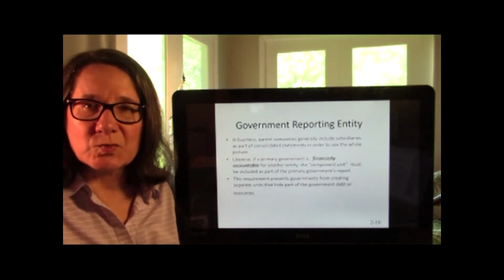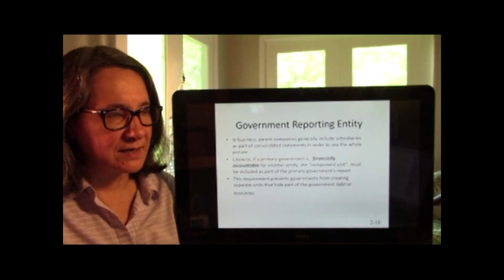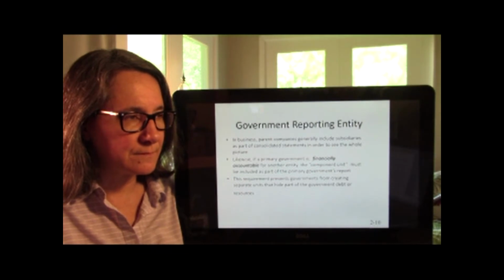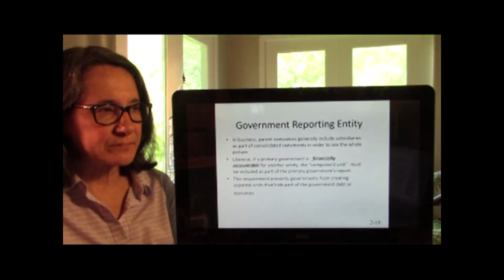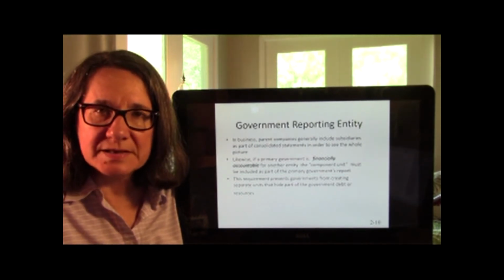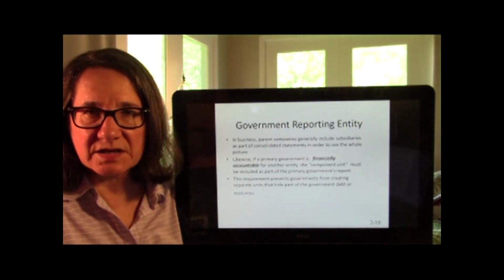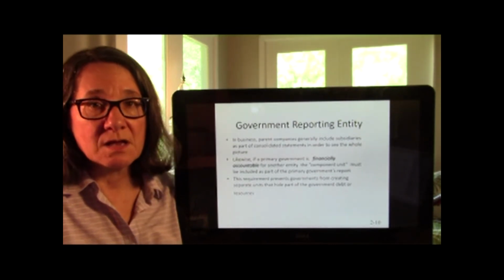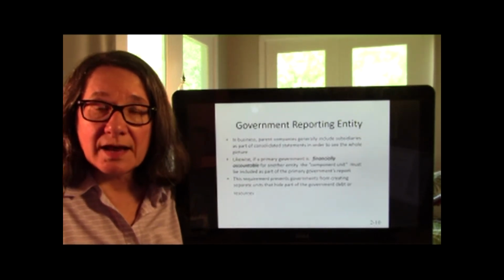So who reports? What makes something a government entity, right? In business, generally you'll just see one big set of what we call comprehensive consolidated financial statements. So if you have a wholly owned subsidiary, you won't see information on them broken out, right?